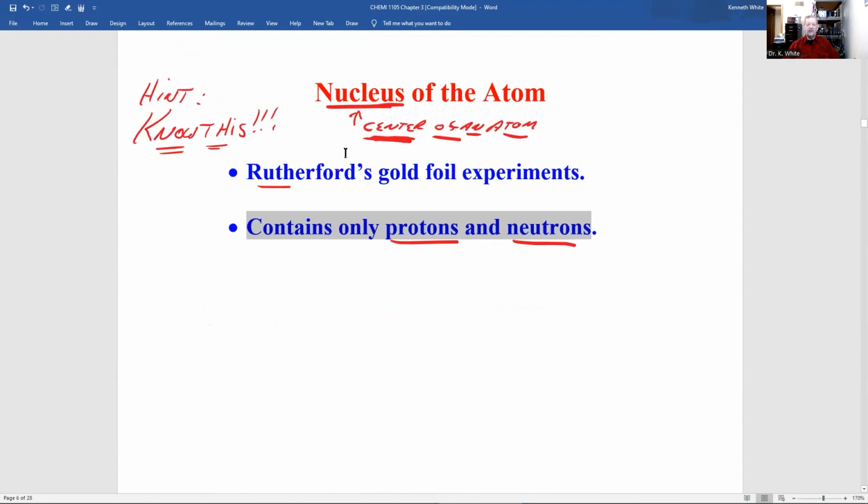And the nucleus of an atom, which is the center of an atom, contains only protons and neutrons, and it's very dense, and that we learned from Rutherford's gold foil experiments.